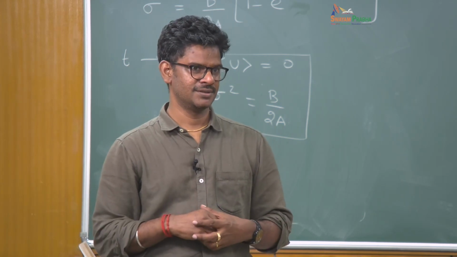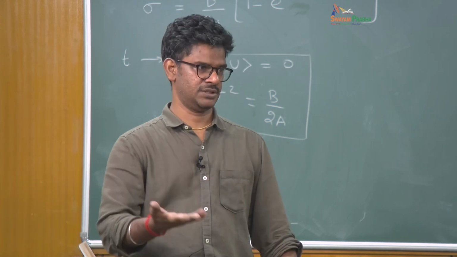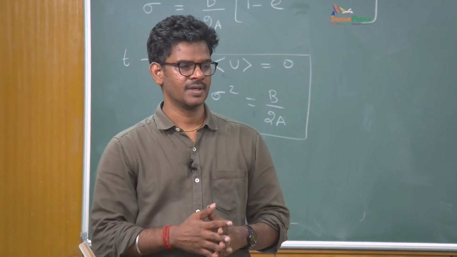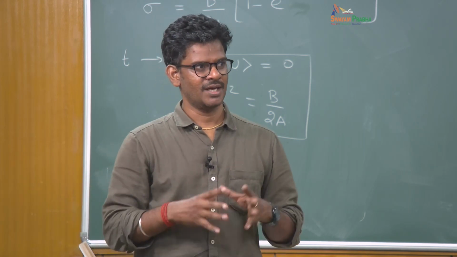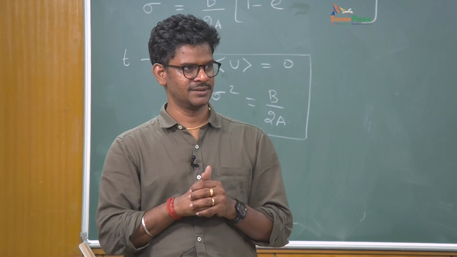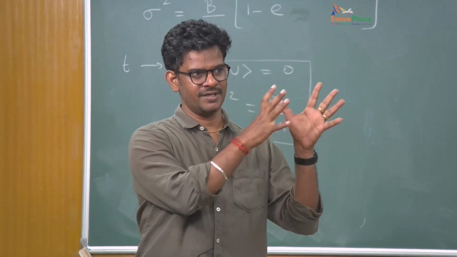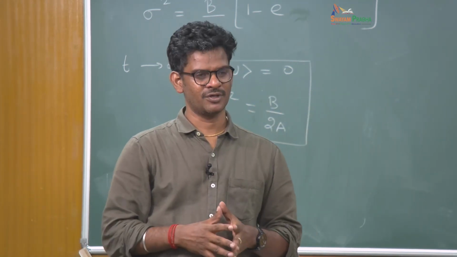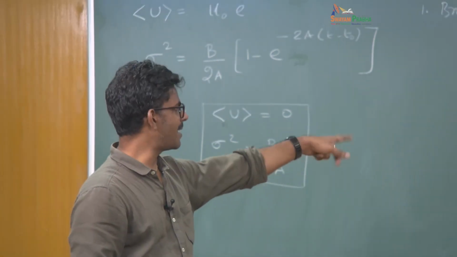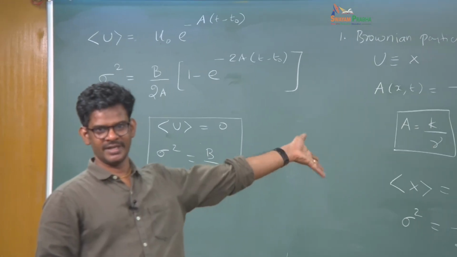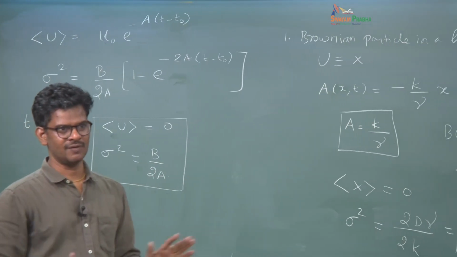Now, given a new situation, let's say I give you a new problem, you have to write the corresponding Langevin equation, and then see what the A and B values are going to be. If A and B values satisfy the Wiener process or the Ornstein-Uhlenbeck process, you don't have to really solve anymore. You know all the solutions, you have to just map the coefficients and you'll get the steady state solution directly without solving anything.